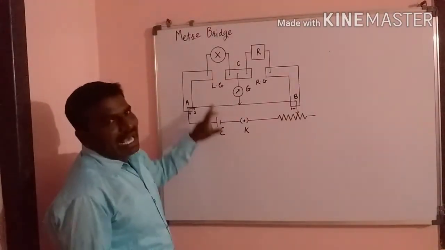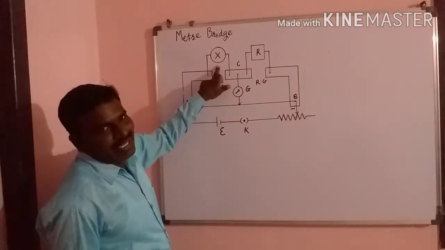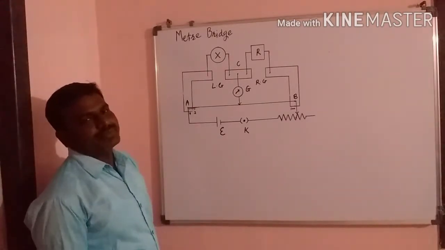In the left gap there is always an unknown resistance, and in the right gap there is always a known resistance.